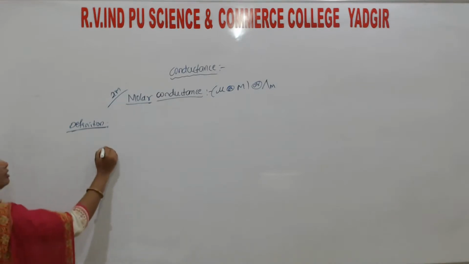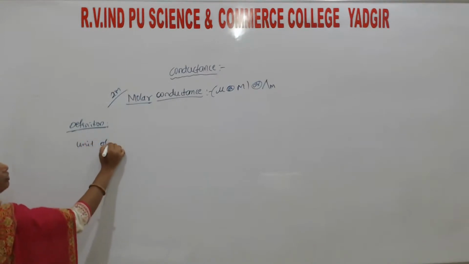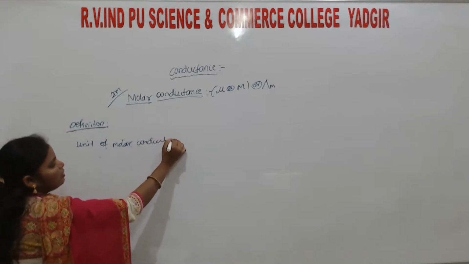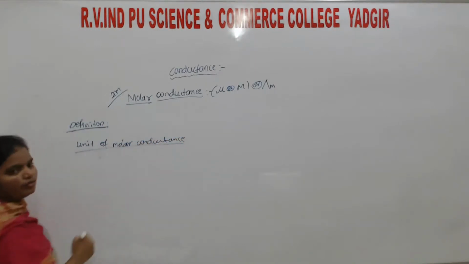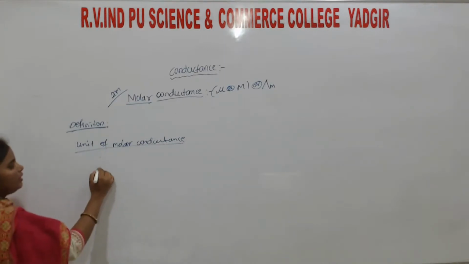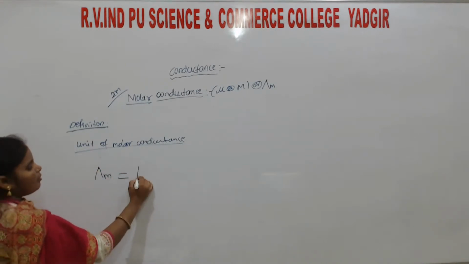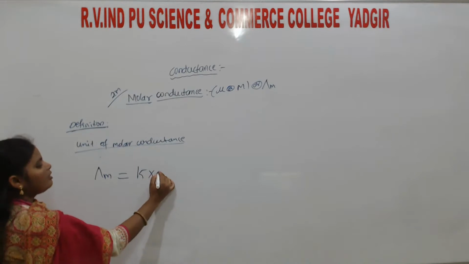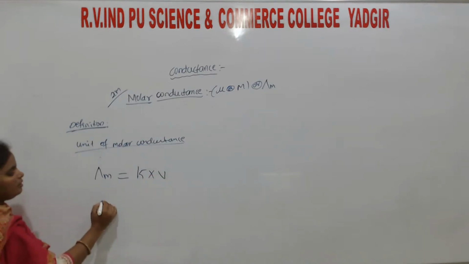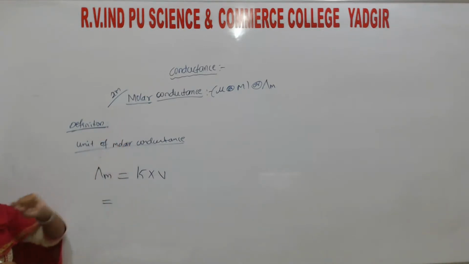Now the unit of molar conductance or conductivity. You know already, lambda m is equal to kappa multiplied by V. You take here the concentration. In equivalent conductance, you take normality.